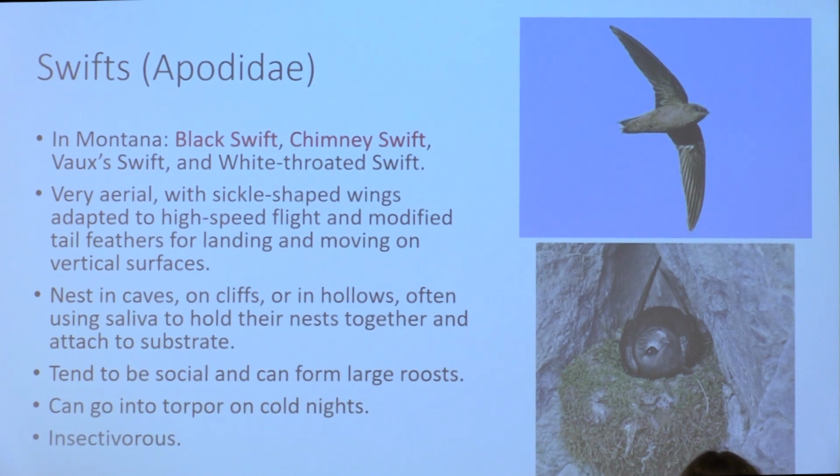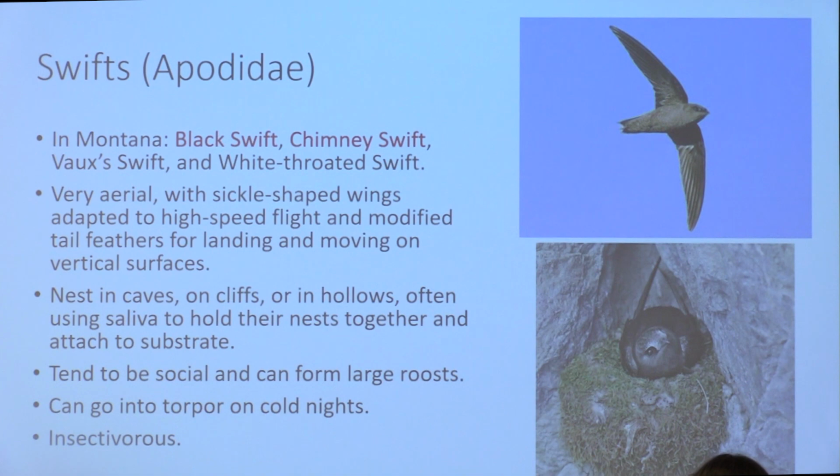Just like hummingbirds, hummingbirds and swifts share the same root Latin name, which I believe means no feet, or feetless. And so they are adapted for high-speed flight and for remaining aerial for quite some time, and then roosting or landing in caves, cliffs, hollows.